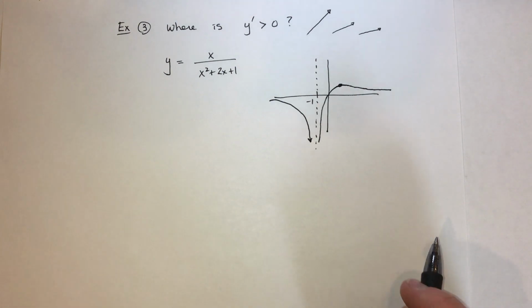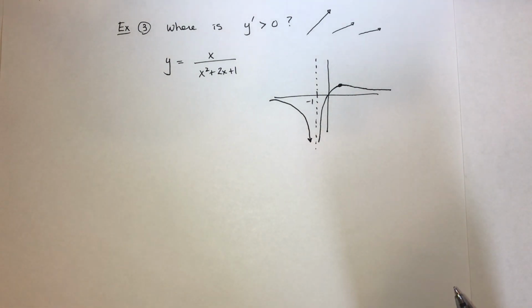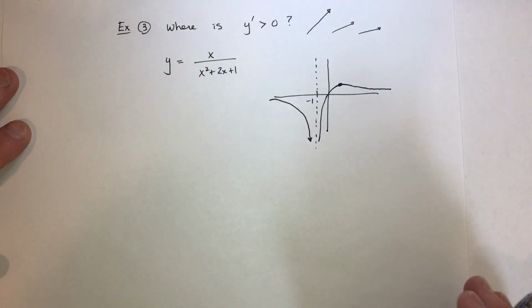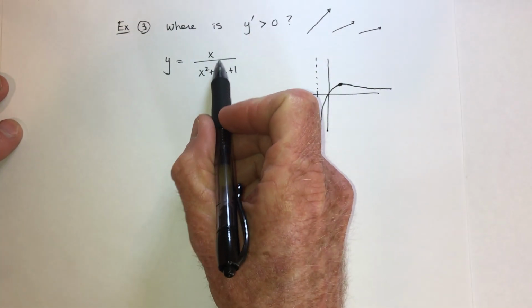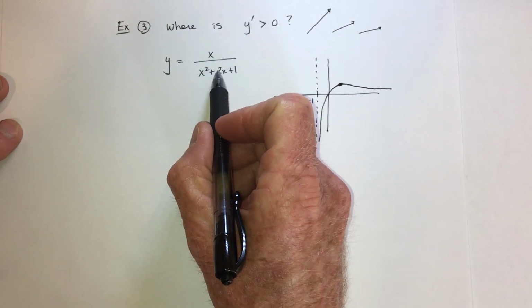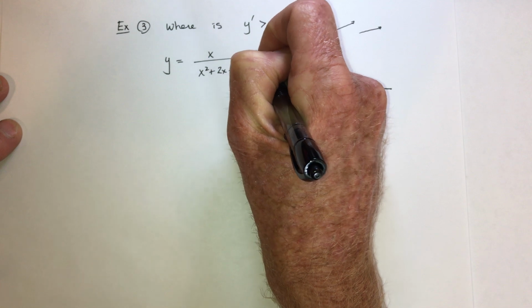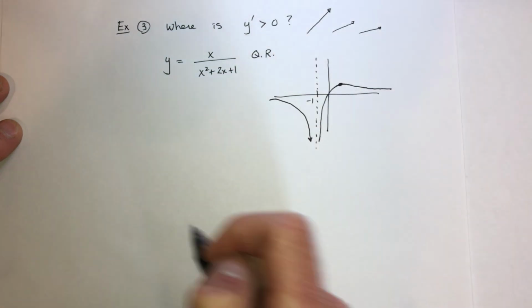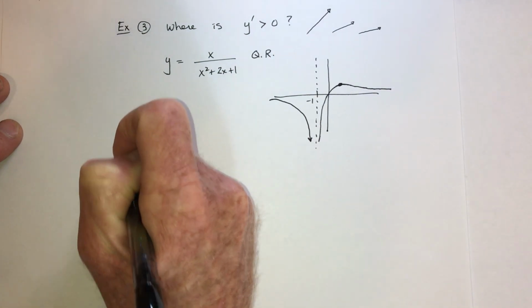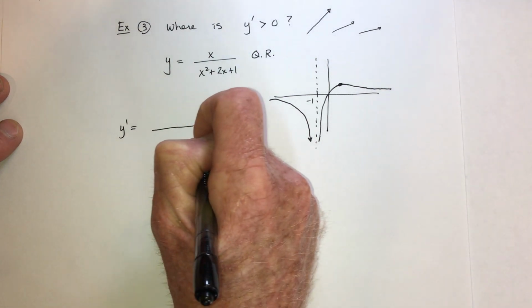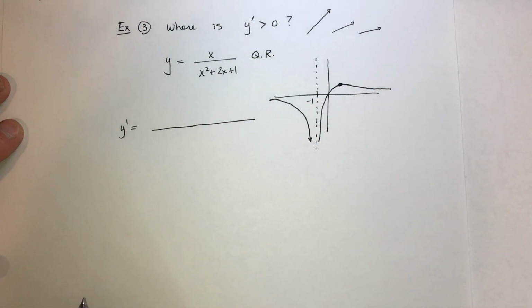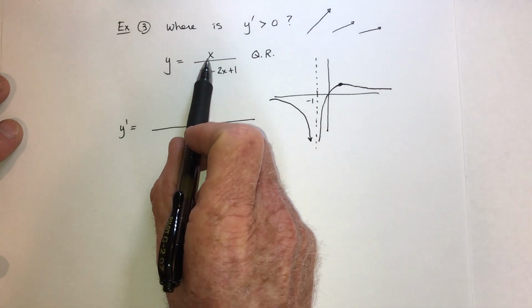Now we need to actually do the work. Or should we call it the fun? So this is a rational function. That means we need to use the quotient rule. So to find the derivative, it's going to be, of course, a quotient. And you start on the top.